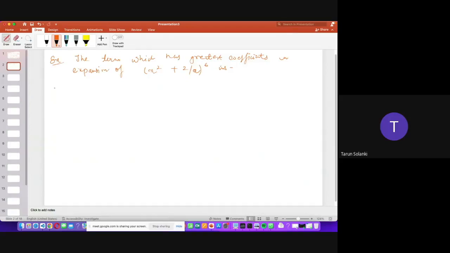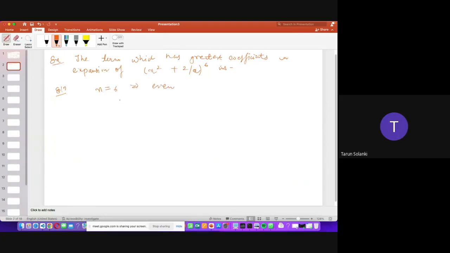Here we know that the binomial coefficient of the middle term is the greatest binomial coefficient. So we can write n is equal to 6, which is even.